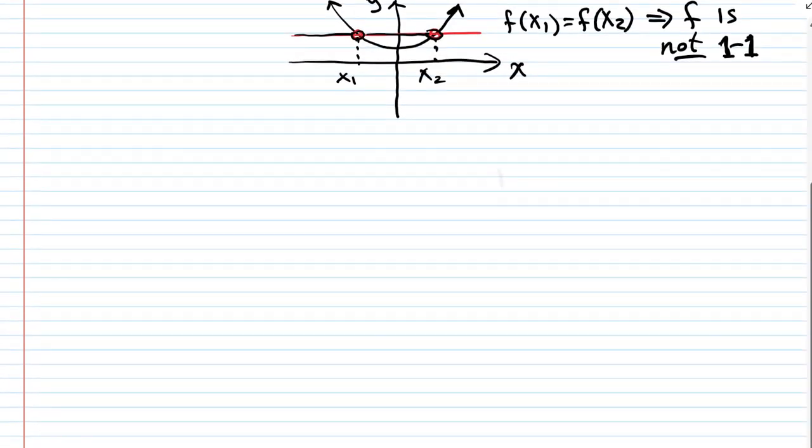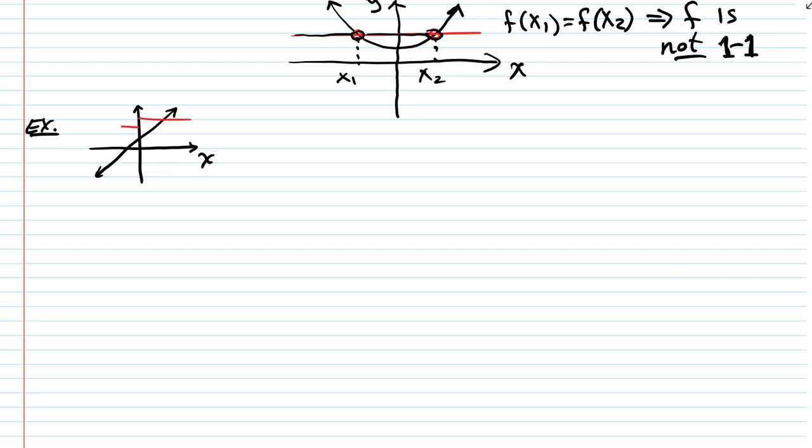Now, thinking about, for example, let's go back to our library of functions. Remember in our library of functions earlier, we had, I think, 7 or 8 functions we talked about. So if I look at, for instance, the linear function in this form, not a horizontal line, and a vertical line is not a function, it fails the vertical line test.